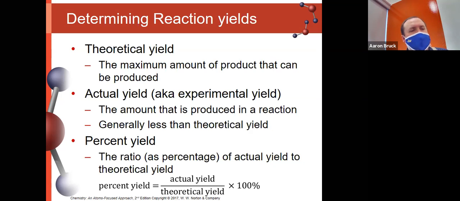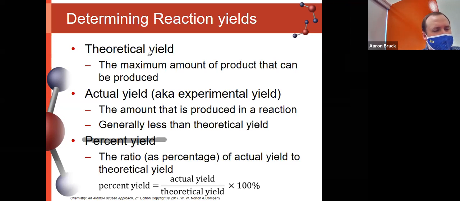Now, when it comes to yield, we will often refer to the effectiveness, the efficiency of a chemical reaction by its percent yield. Its percent yield is the ratio of what is called actual or experimental yield and theoretical yield.